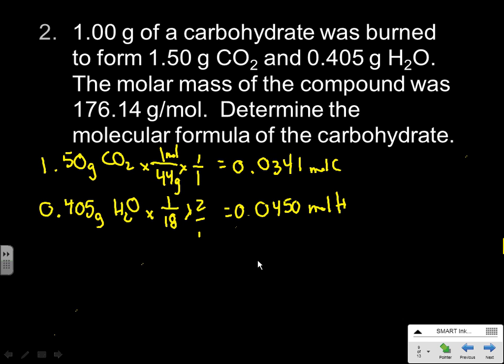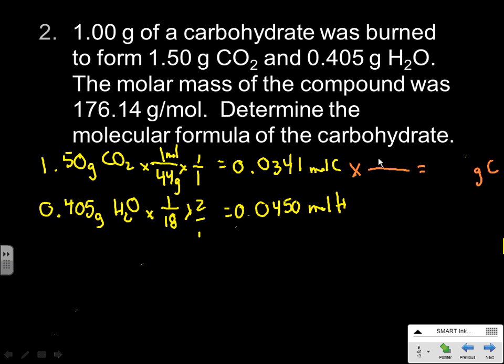Now, because this is a carbohydrate, I'm going to change colors again. I'm going to put a conversion factor on the back end of this to turn it into grams of carbon. How do I turn moles into grams? Molar mass. And this time, it's just carbon. So what am I putting here? 1 over 1?